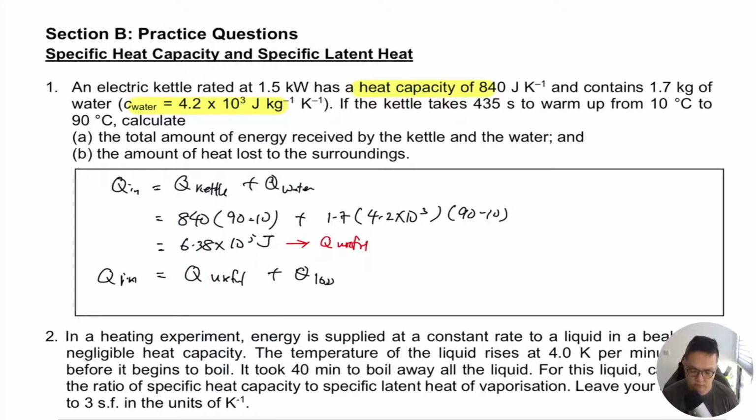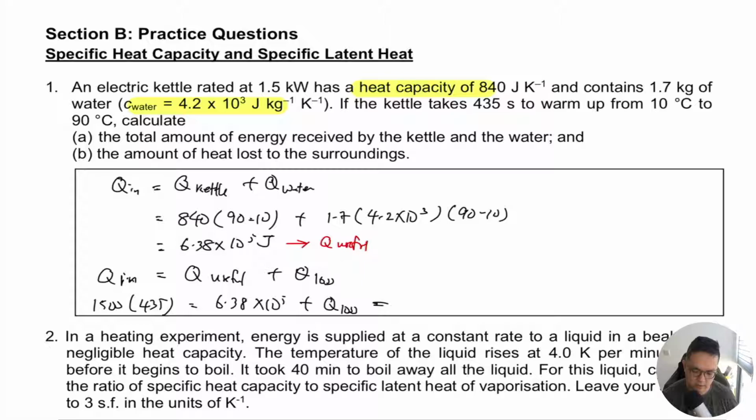So how do we find Q in? Because we have the power of the kettle and we also have the time it takes, we can just take 1500 watts multiplied by 435 seconds, which equals Q useful, 6.38 times 10 to the power 5, plus Q loss.